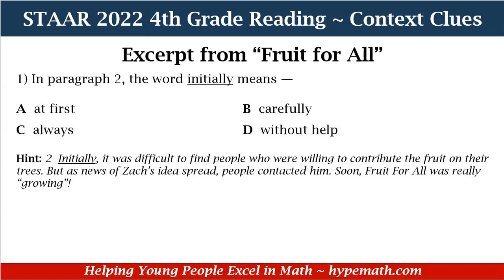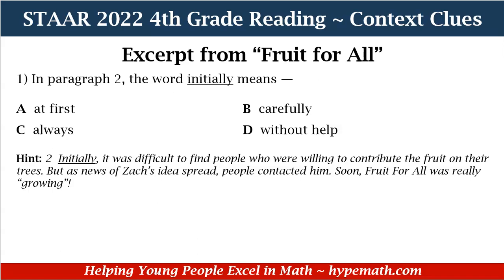So in this instance, what we could do, if we don't really know what initially means, we can substitute in our words or our answer choices to see which one makes sense. Let's start with A. At first, it was difficult to find people who were willing to contribute the fruit on their trees. Okay, A sounded pretty good.